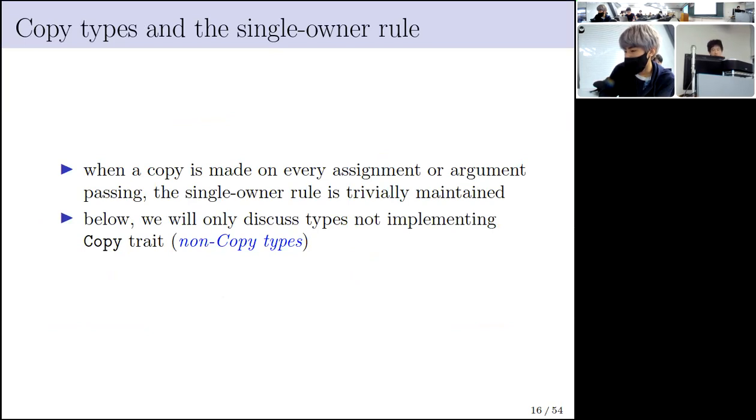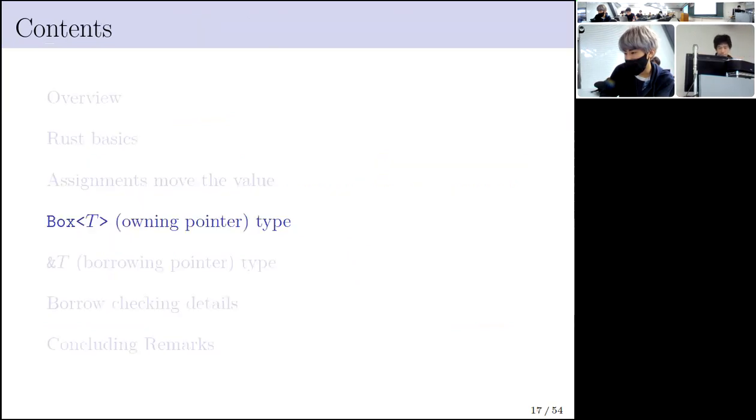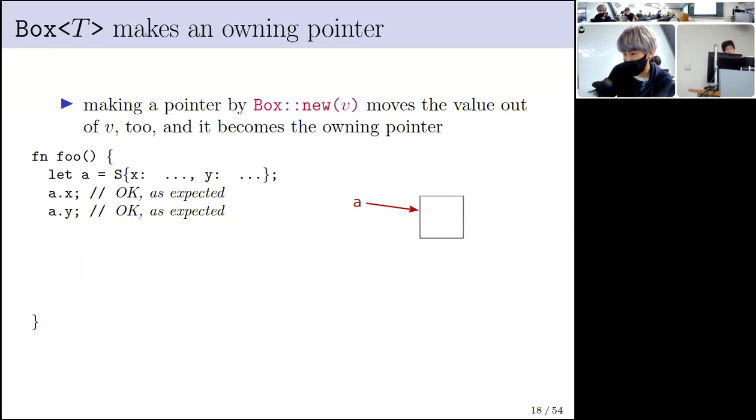So down the road, I'm going to focus on data structures that do not implement the Copy trait. So this is one important basic about Rust. And the next topic is this owning pointer Box<T>.